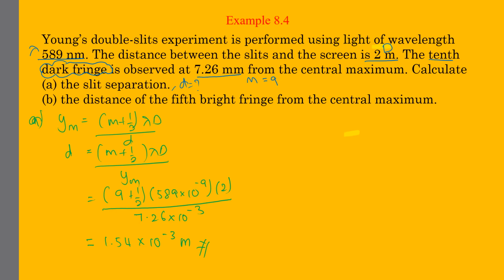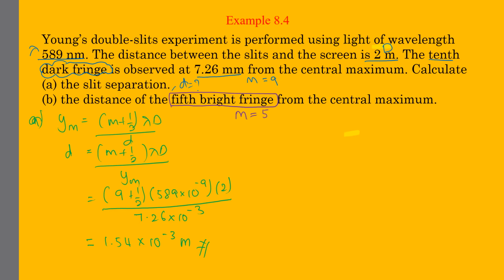Okay, next B. The distance of the fifth bright fringe, so m is equal to 5, from the central maximum.